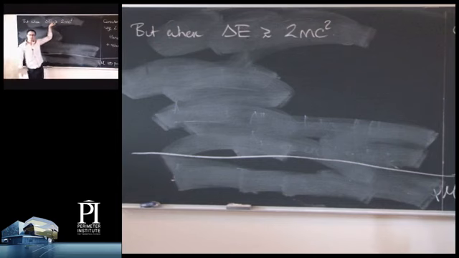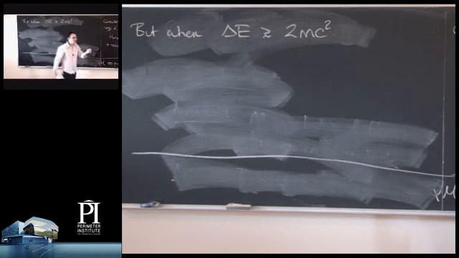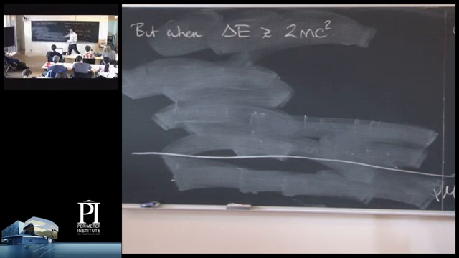But when the uncertainty in the energy is getting so large that it's comparable to the mass of the particle you started with, then there's enough uncertainty for you to start creating particle-antiparticle pairs out of the vacuum. And I put the two there because typically you do need to create these things in pairs.